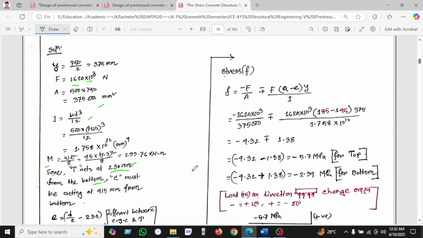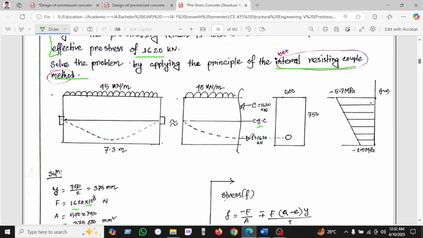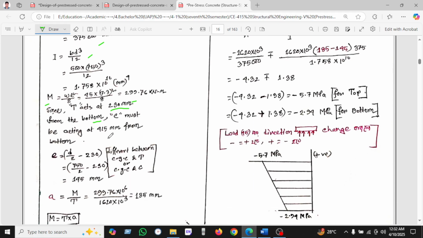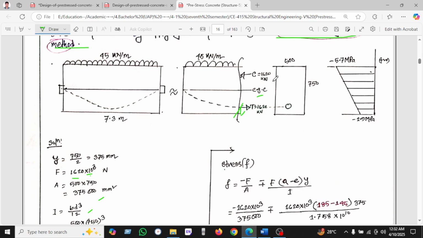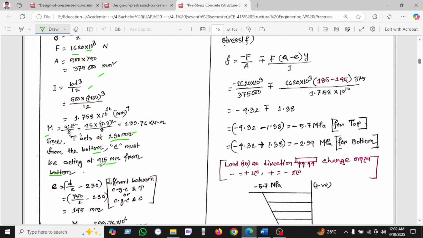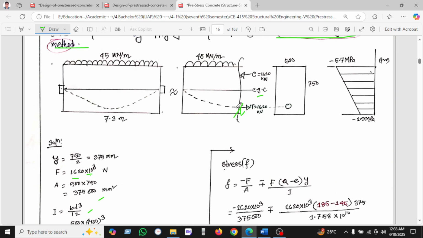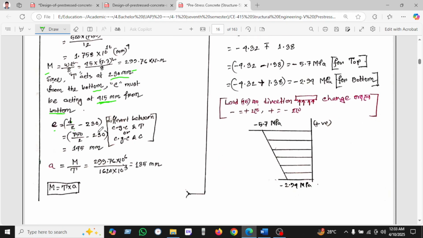So you can see this T value is found here 230 from the bottom, and C must be acting 475 millimeter from the top. So if we deduct from here, then we can find C 475 millimeter from the bottom. So E will be D divided by 2. So this total D will be 475 divided by 1235.